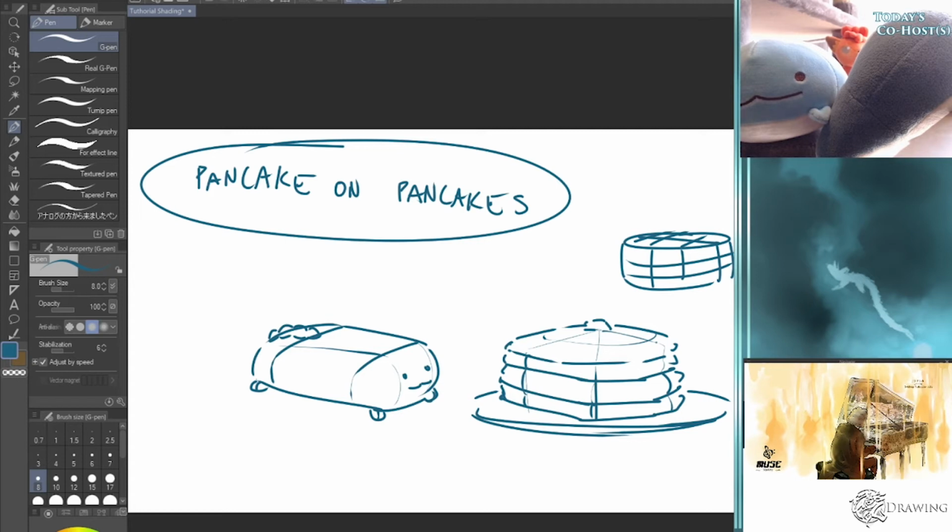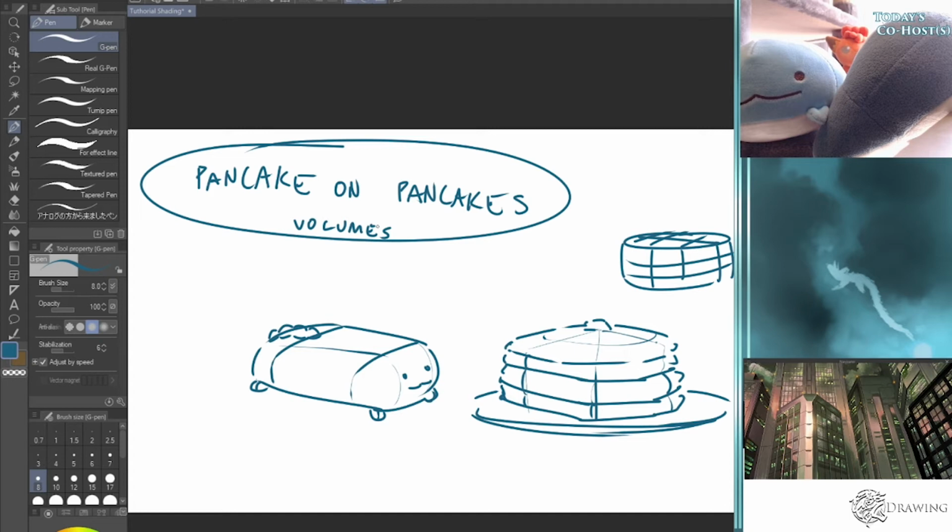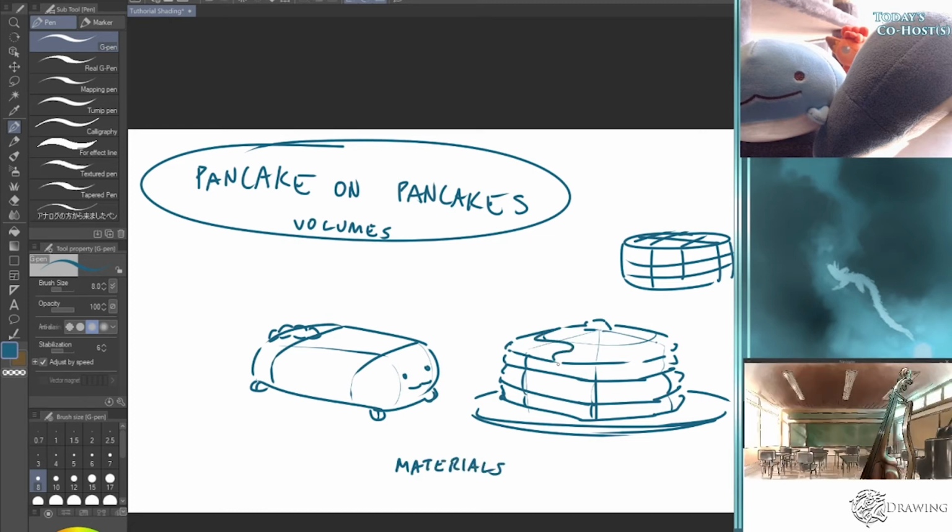What do we get next? What do we still need to know? Anybody? Anybody at all? This also technically tells us our materials. For example, if there's syrup here, that's going to be specular, because it's a liquid.